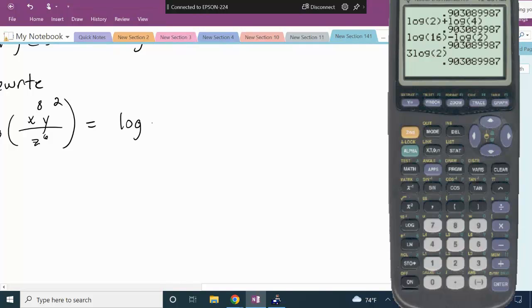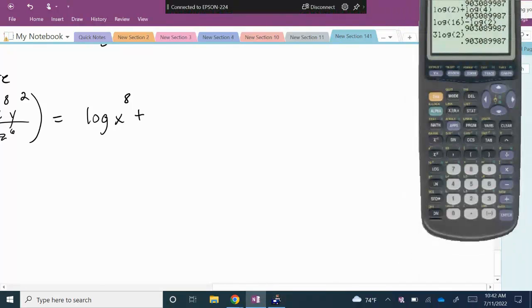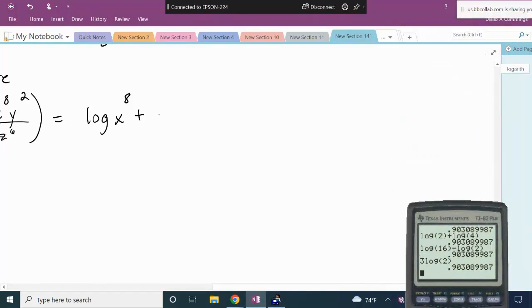The log of x to the 8th power plus the log of y squared. Right?